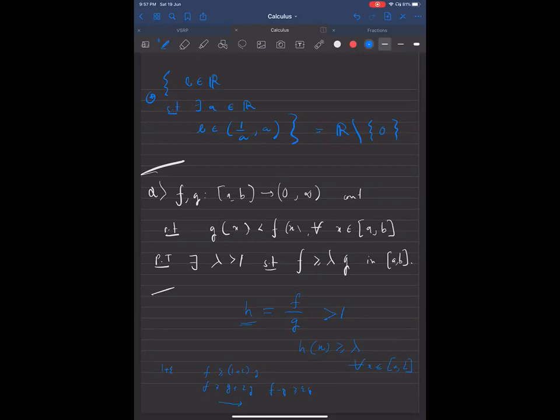H is greater than 1, fine, there is a problem here. Then it's a function on the closed interval AB, which is strictly greater than 1. Now H is a function from, yeah, yeah.